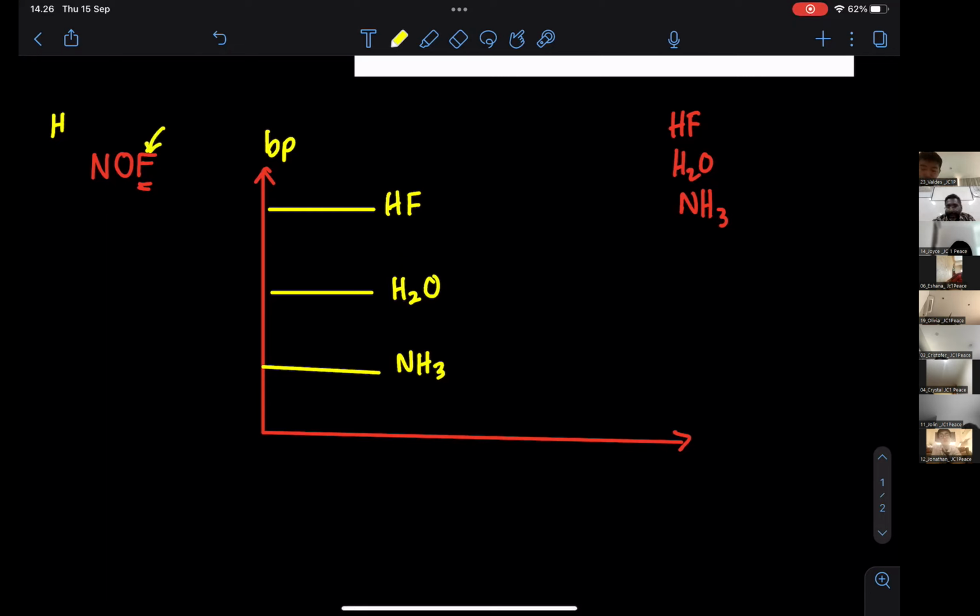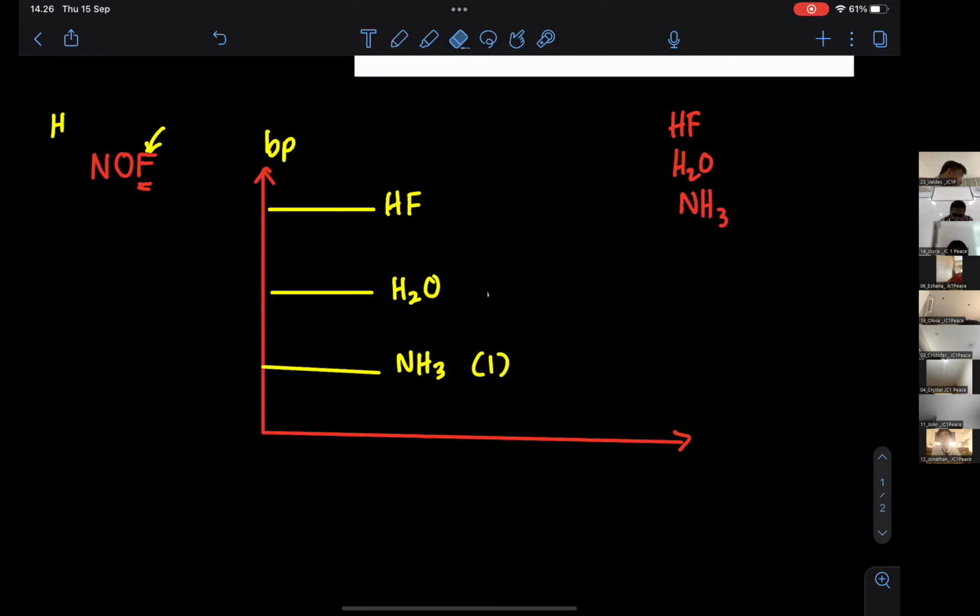Of course, stronger hydrogen bonding means we think the boiling point should be greater. In reality, it doesn't happen that way. I'll show you in numbers so you can understand better.